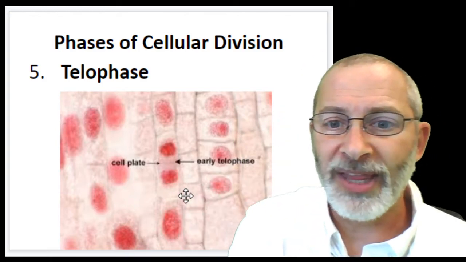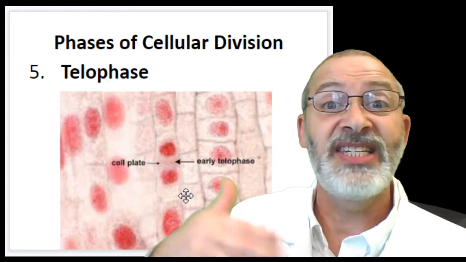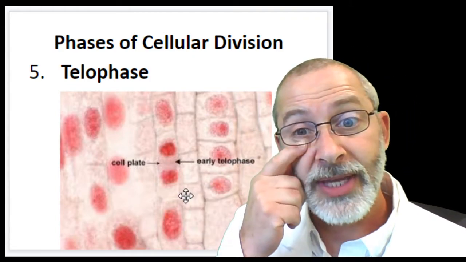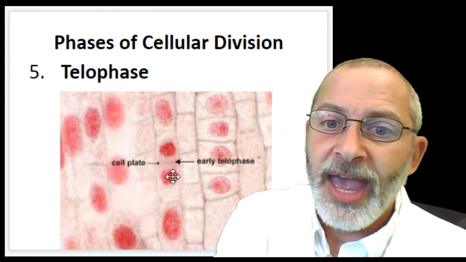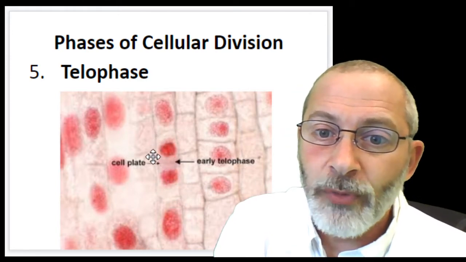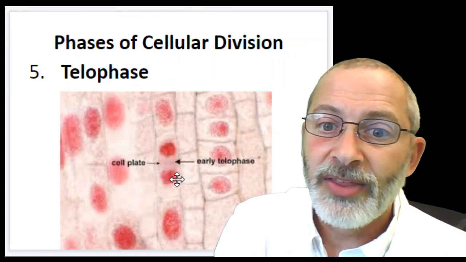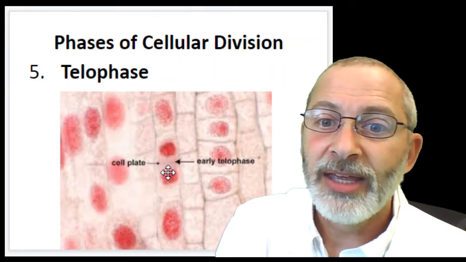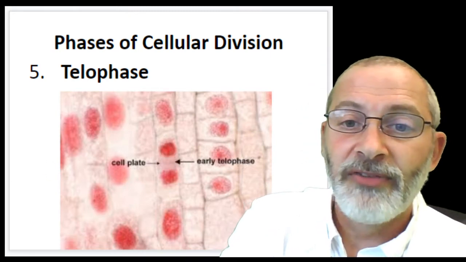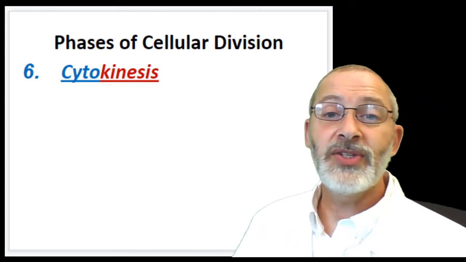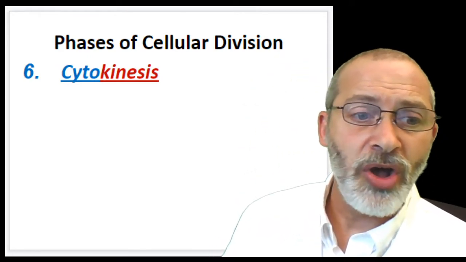So here we have a plant cell, and it's not green simply because it has been stained a different color, in this case red, just to make things a little bit more visible to you. And here, even though we have one cell, we can see that there are two nuclei inside this one cell, an example of telophase.